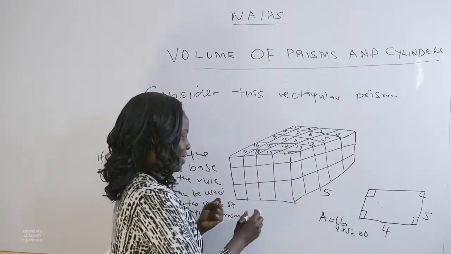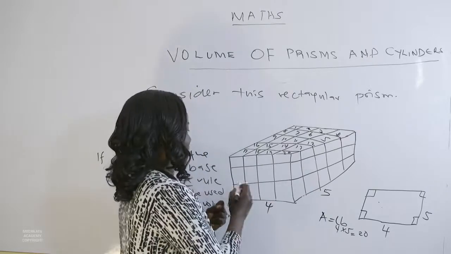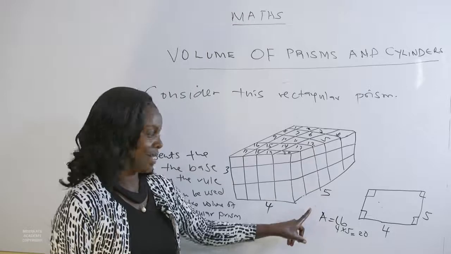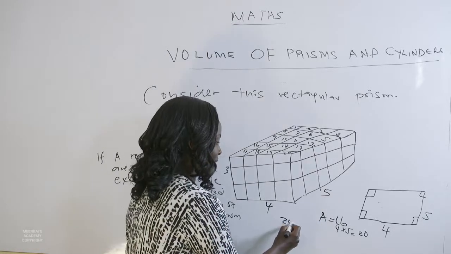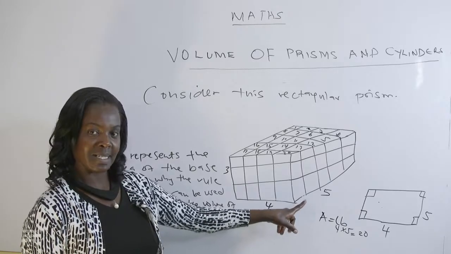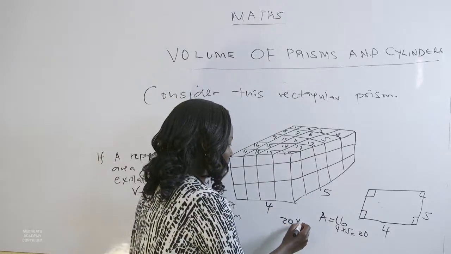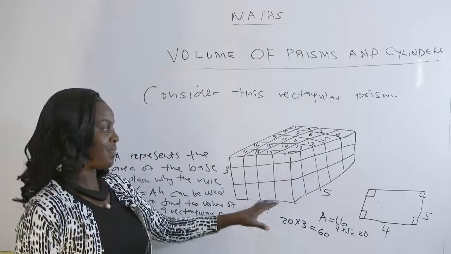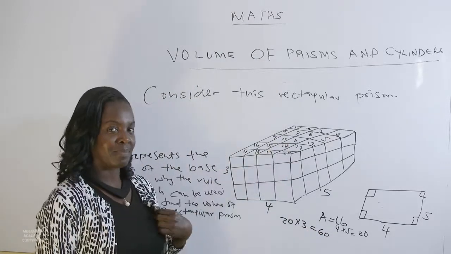We are saying if this is the base area, which we have found to be 20, we can say 20 times 3, and that will give us the volume of this rectangular prism.